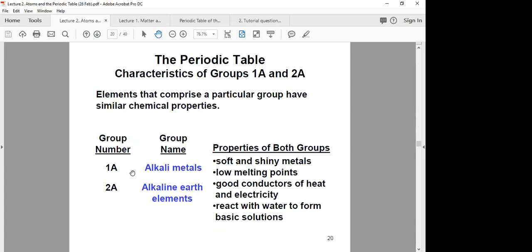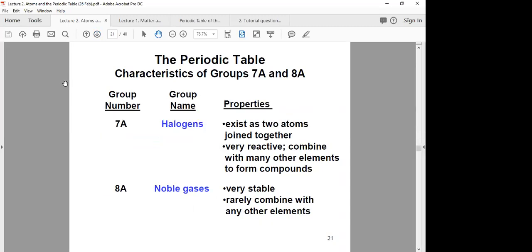Okay, so all the group 1A elements are alkali metals except for number 1, hydrogen. All the group 2A elements, so those in the second column, of course, are called alkaline earth elements. Properties of both groups: soft and shiny metals, low melting points, good conductors, and react with water to form basic solutions. Don't worry about that last statement for now. We talk more about that in a much later lecture.